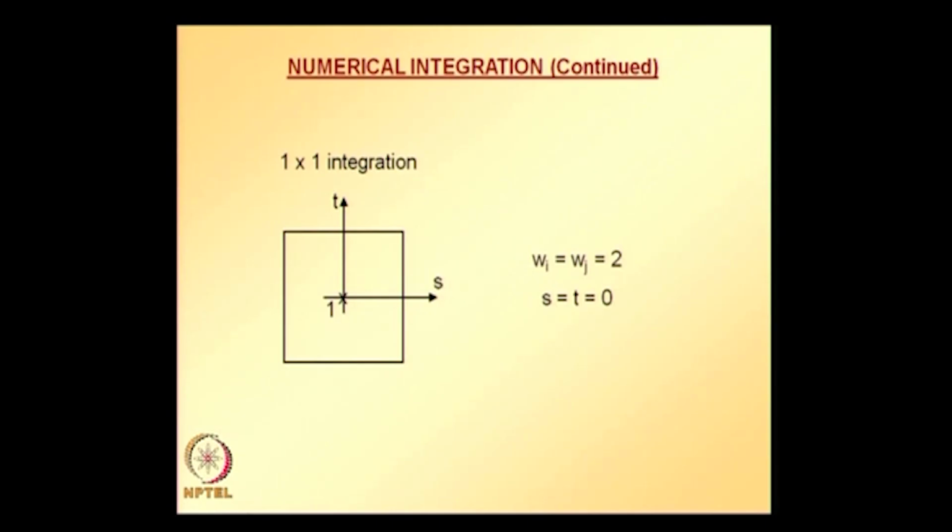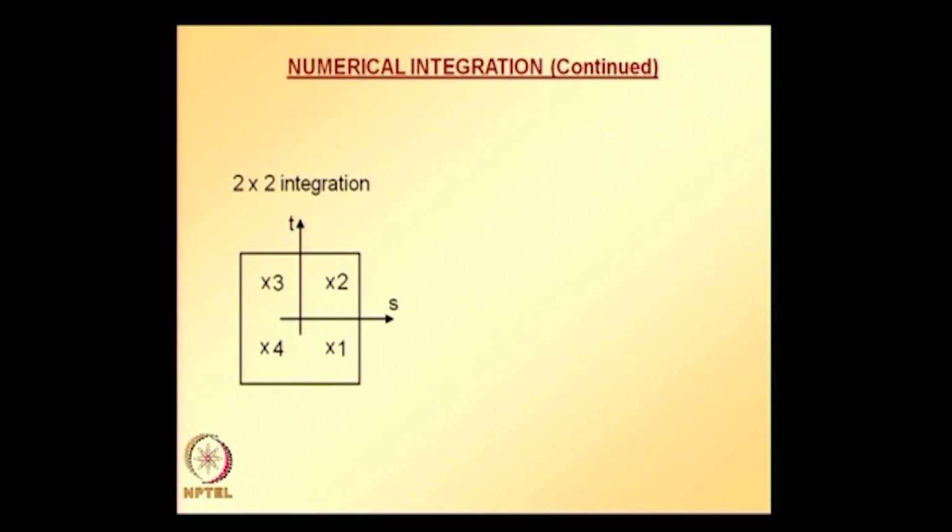The weight in the S direction is 2, the weight in the T direction is 2. So, the total weight is going to be 2 times 2, 4. So, this is for 1 by 1 integration.